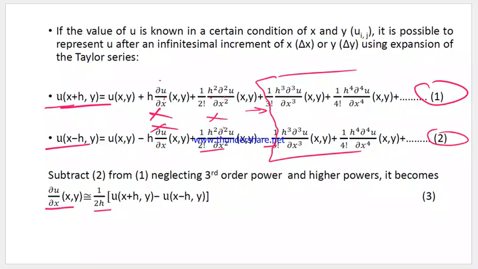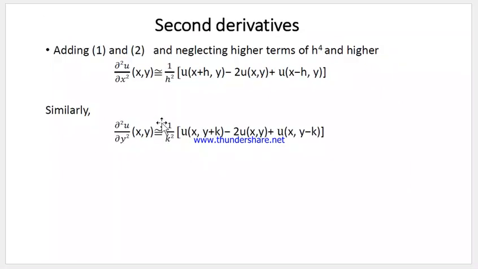Then this and this will also be added, that will be 2 times that expression. And let's assume we neglect everything afterward. In that case, we arrive at something like this: d square u dx square is equal to 1 over h square, this and that. So these are the values we shall be using to resolve our partial differential equations problem.